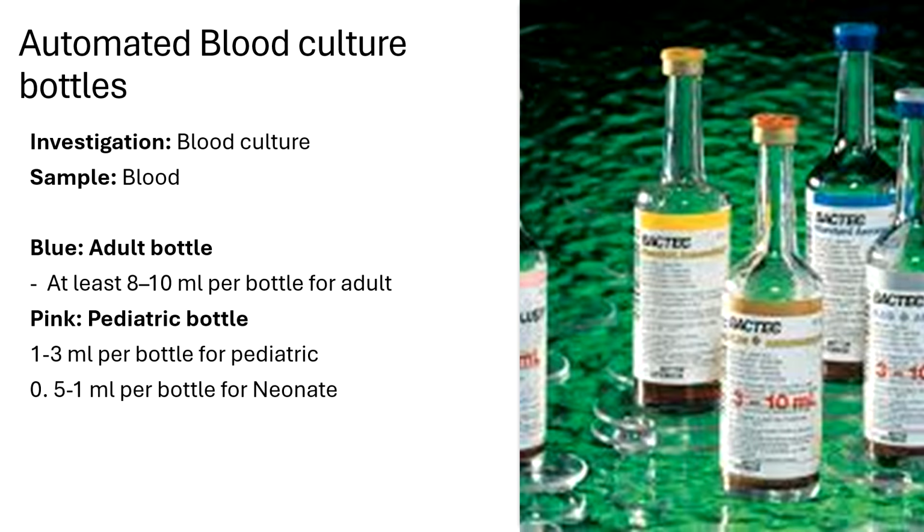Here also the sample is blood, but the investigation is a blood culture. Generally we recommend two types of bottles. The blue bottle is the adult bottle, in which around 8 to 10 ml of patient blood is used, and pink bottles are for pediatric, in which 1 to 3 ml blood per bottle is used for the pediatric patient and 0.5 to 1 ml for neonates.